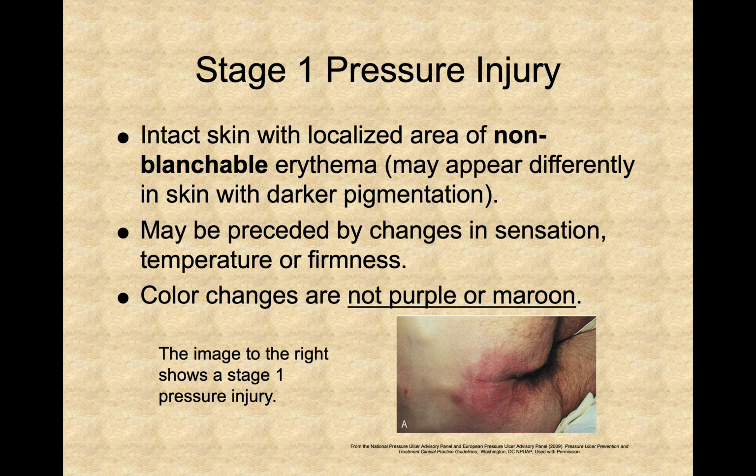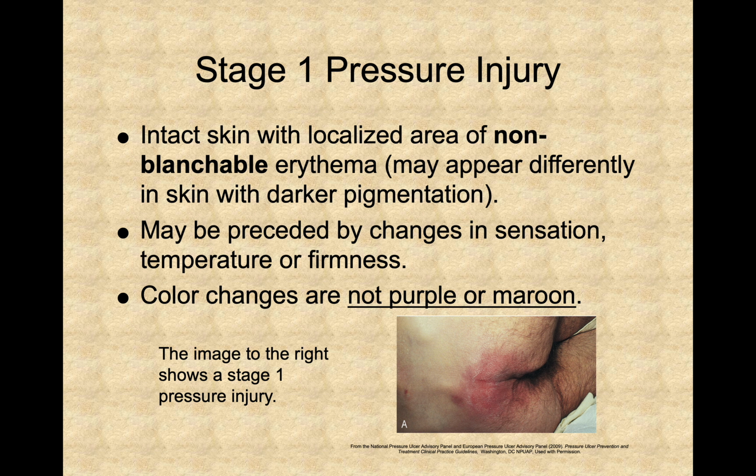If at that point it still remains a non-blanchable area of redness, then you really need to start implementing your interventions hardcore. Turning, offloading, pressure relieving devices, good hygiene, getting rid of any moisture control issues, working on activity, mobility, all of those types of things.